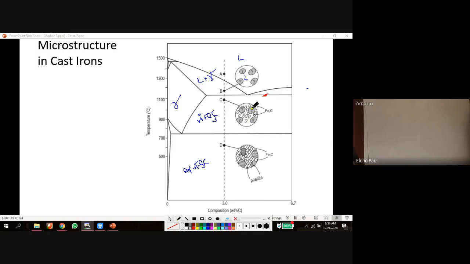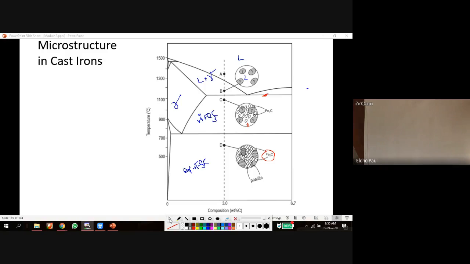But all the gamma particles in this area convert into alpha plus Fe3C, like a pearlite structure. So at the final point D we have pro-eutectoid Fe3C and pearlite. That is the final structure after crossing the eutectoid line. This is the microstructure change of cast iron.